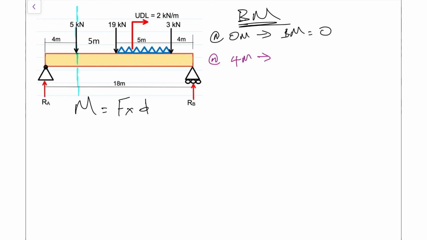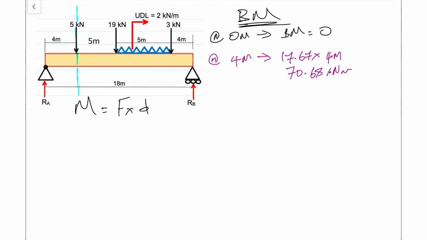So that reaction force, which we calculated previously as 17.67, its distance from that blue line is 4 meters and it's trying to rotate clockwise. So we'll use that as a positive value. And what we get there is 70.68. And that unit is kilonewton meters.